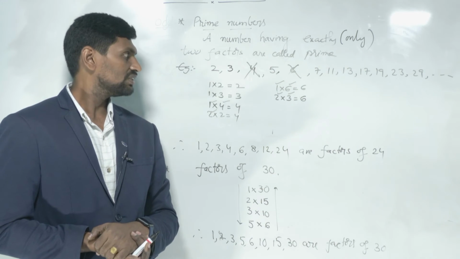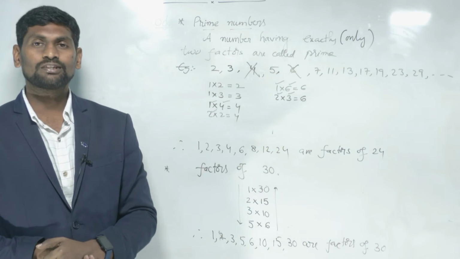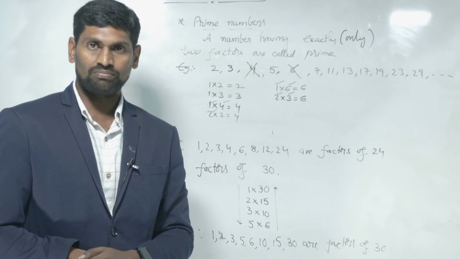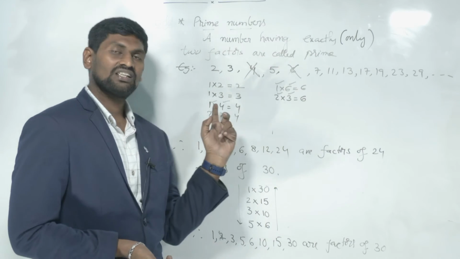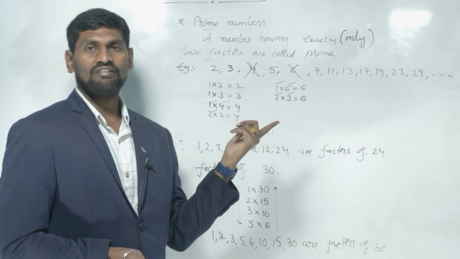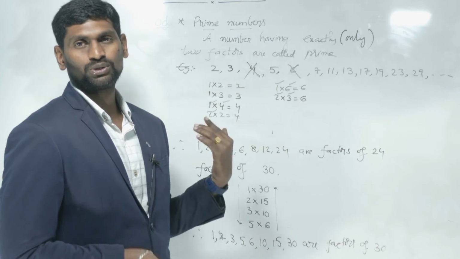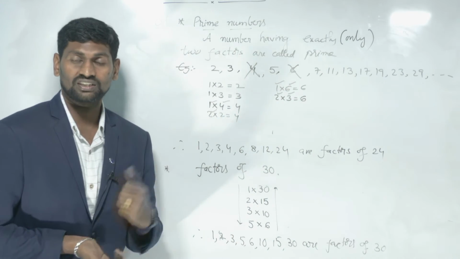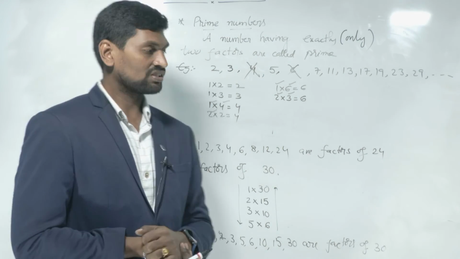Got it? Remaining numbers will get more than two factors, so they are not prime numbers. 1 has less than two factors, but only two factors are called prime numbers.